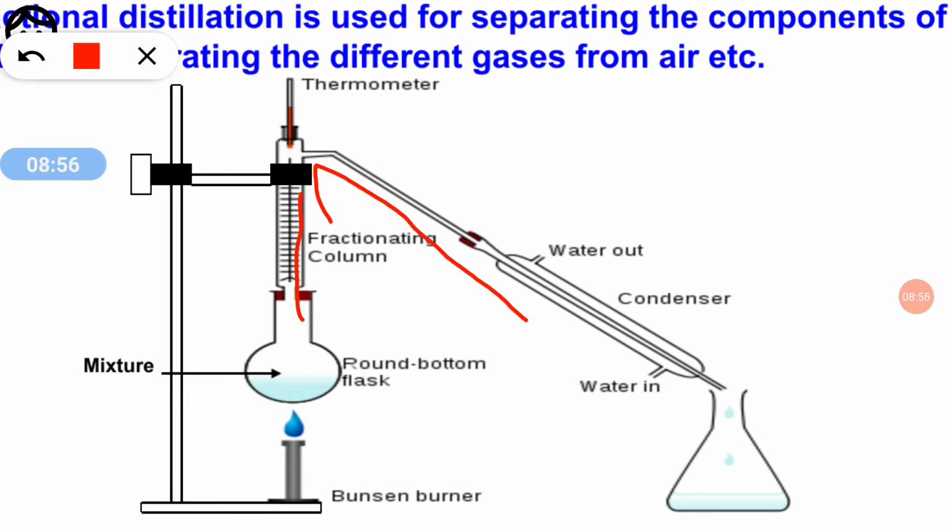In the condenser, the cold water inlet condenses the vapors of the boiled liquid, and that vapor gets converted into liquid and is collected in this conical flask. In this way we can separate the different components of miscible liquids one by one.